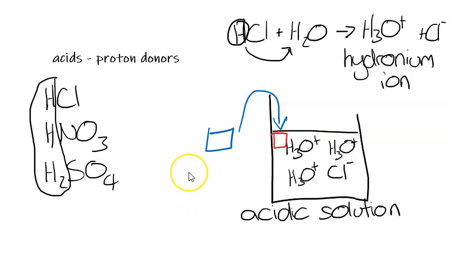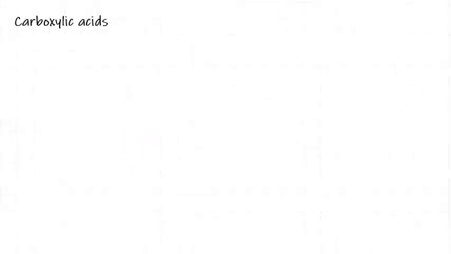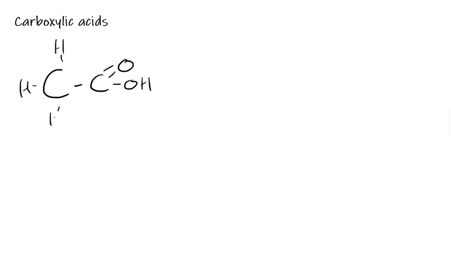So let's look specifically at what reactions carboxylic acids can take place in. I've got it nicely written down here. So it's similar to what we had before, where if we were to draw an ethanoic acid molecule, then this can react with water, and again, just like hydrochloric acid, it will lose that hydrogen and give it to water.